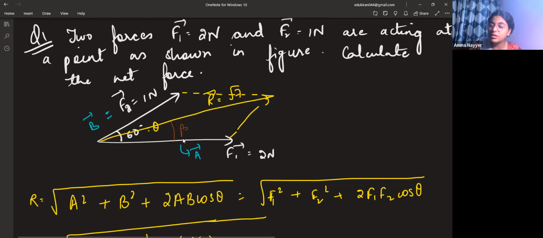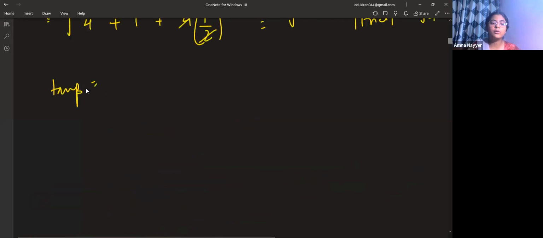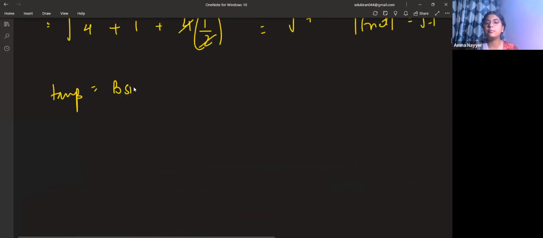The vector with which the resultant makes the angle beta, always consider that vector as A. So coming to tan beta, the formula is B sine theta divided by A plus B cos theta.